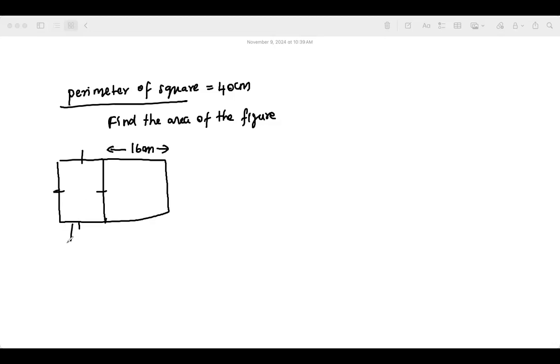Now, what is the area of the figure? Area of the figure will be, you have to find the area of this one plus the area of this one. So, you know what you're going to do? You're going to slowly do one by one step. Meaning, you're going to tell me the side of the square.